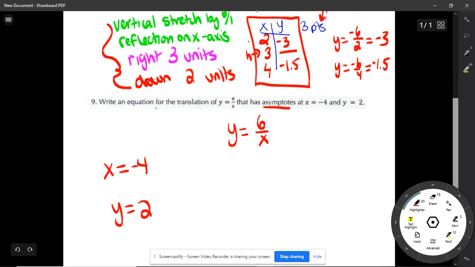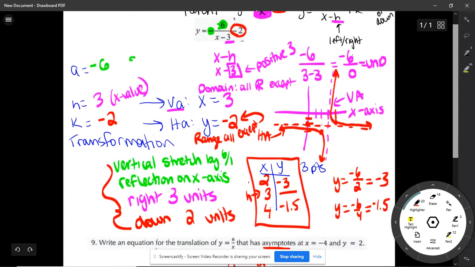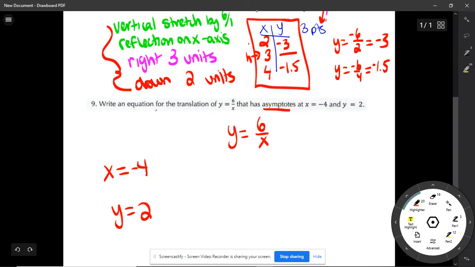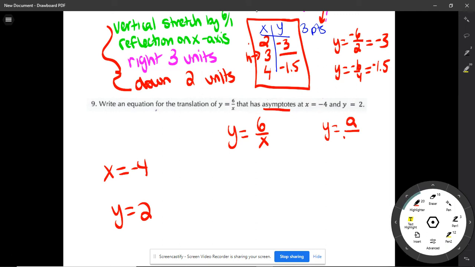We talked about this a second ago. We know our parent function up top, if you remember, is y equals a over x minus h plus k. That talks about our transformations.